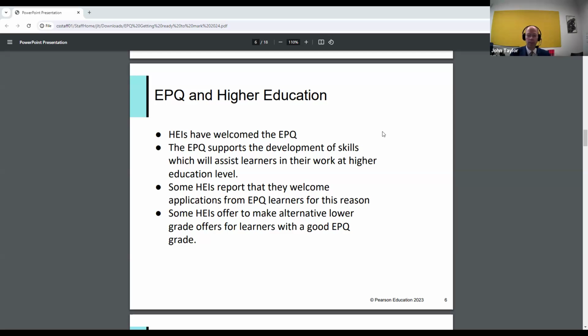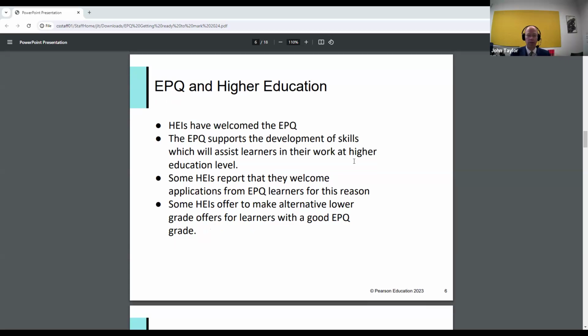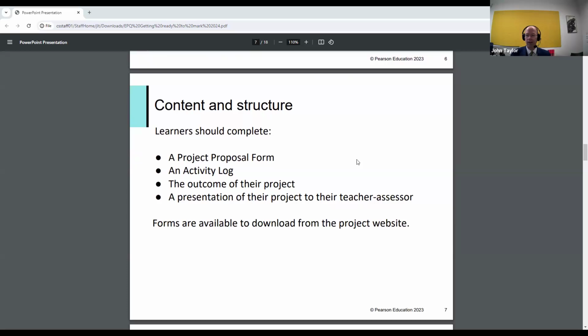So that they may, for example, discount a grade on their standard UCAS offer if a learner has a good EPQ. And that obviously is a recognition of the value of EPQ to learners as a preparation for the kind of skills that they will need to use at higher education.